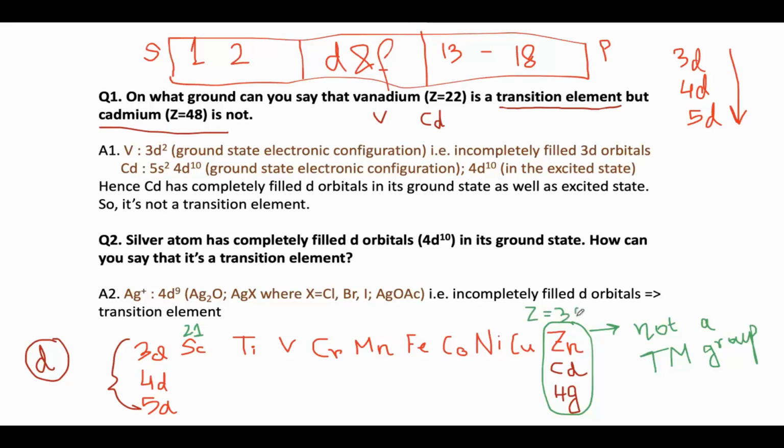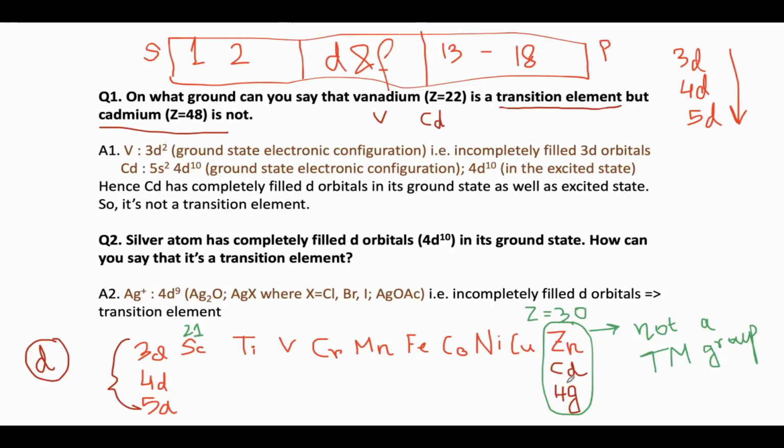The similar property will be observed for cadmium also. Since the groups have some similar characteristics, if a rule holds for one element, it will also hold for the heavier elements of the same group. So the same will be applicable for cadmium and the same for mercury.